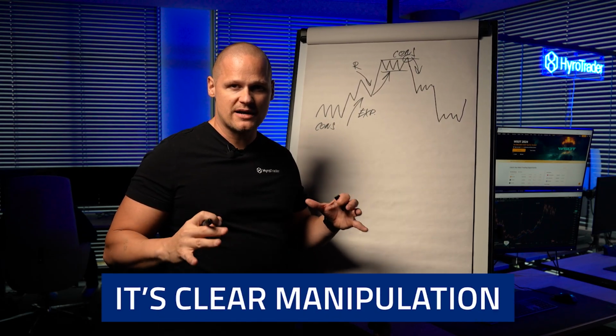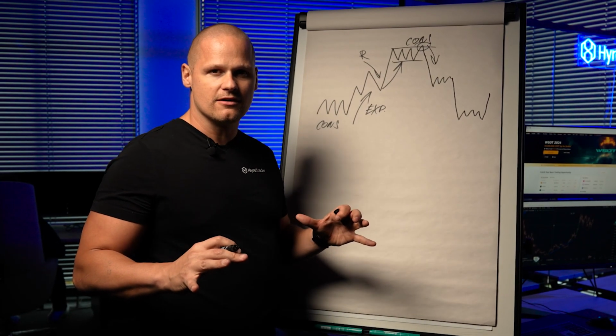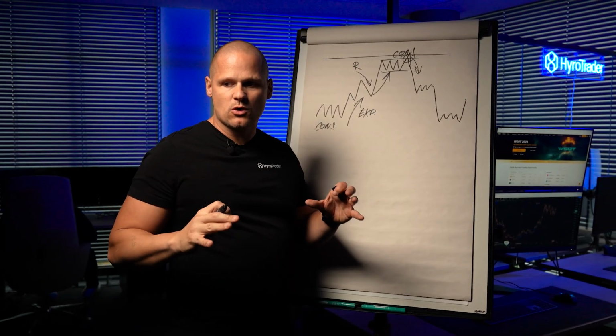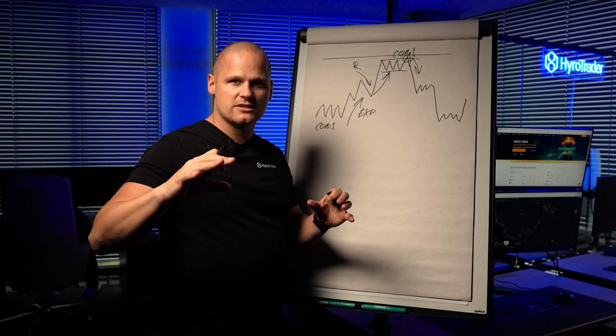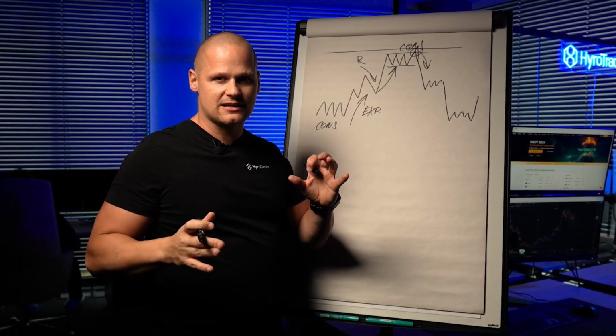So it's clear manipulation. This manipulation is mostly the final touch to the key level above the range. So the price is mostly ranging just below the key level, and then it manipulates to the key level before the price starts to drop down.